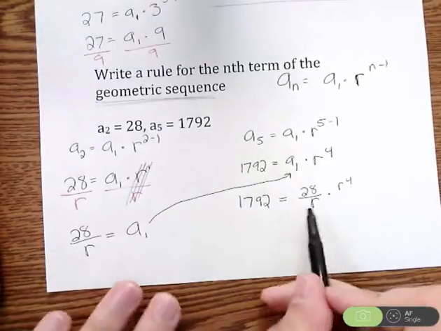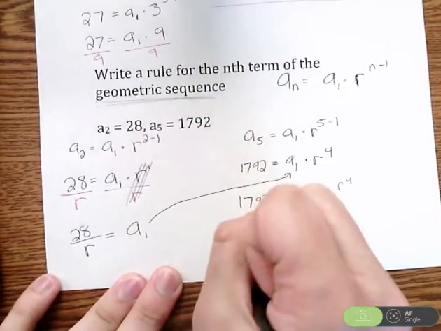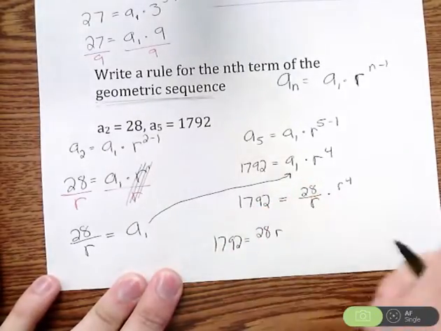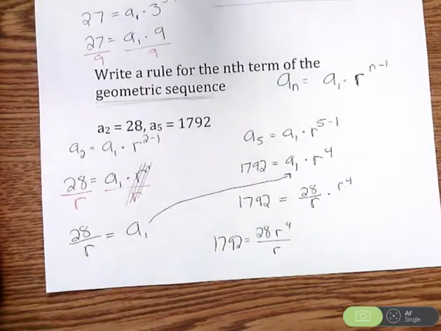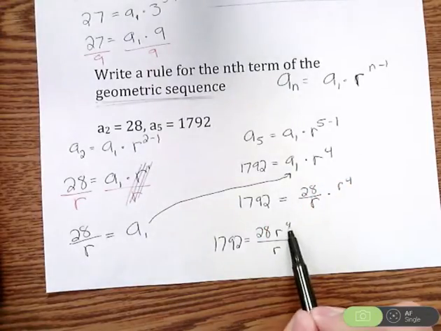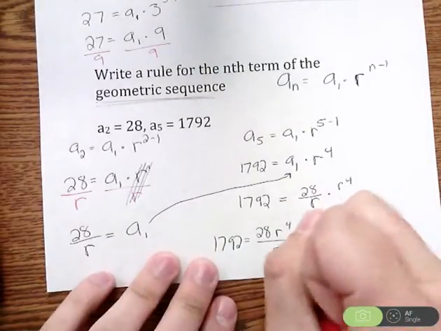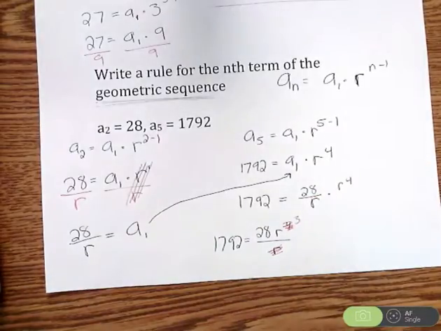Well, the reason this works out nice is if you multiply the top and the bottom, we have 1792 equals 28R to the fourth over R. We have 4 R's on top, 1 on bottom, so if you simplify this, take away 1 from each, I now have 3 up there.